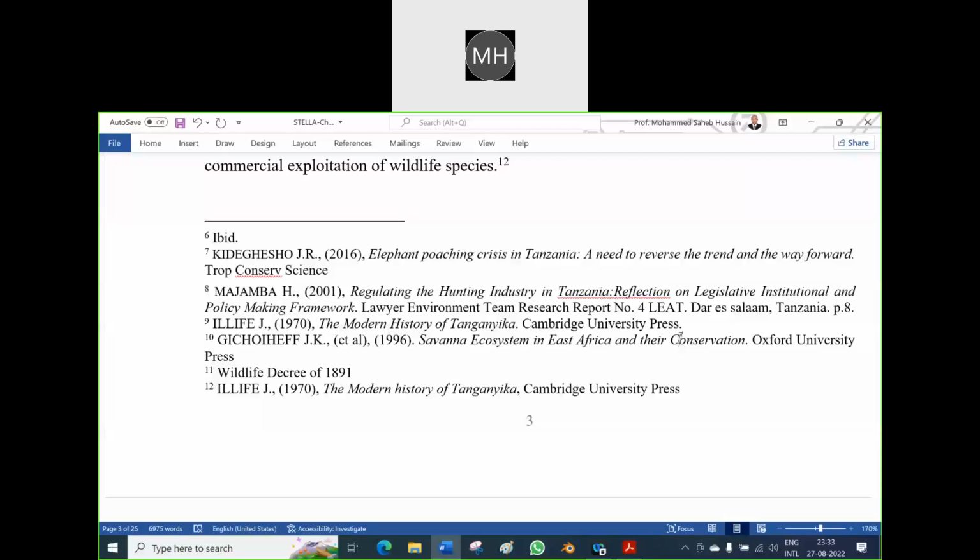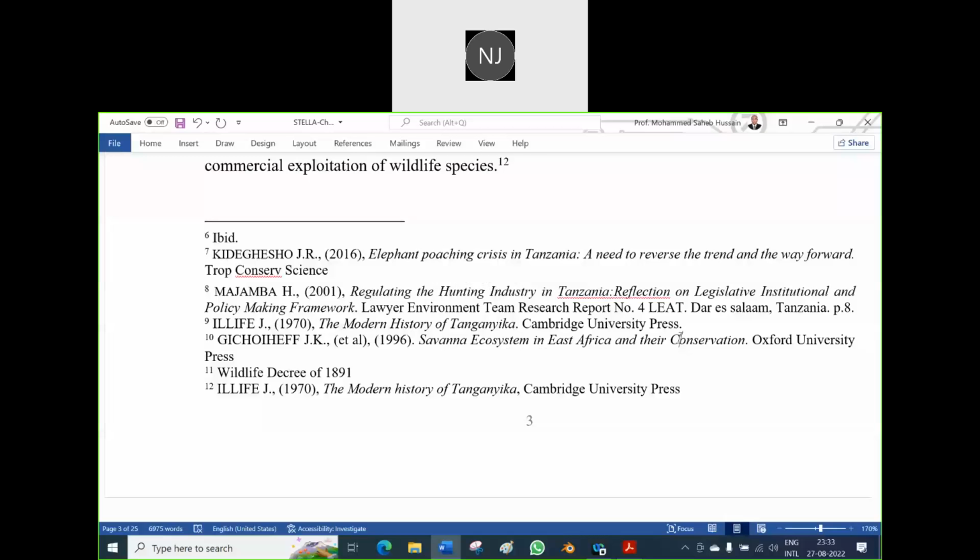No. Either you write Mwanza, if the publisher is in Mwanza, Dar es Salaam if the publisher is in Dar es Salaam, Mbeya if the publisher is in Mbeya, and if the publisher is in Arusha, you write Arusha. Can you write Malimbe? No. You write Mwanza. Is it clear?